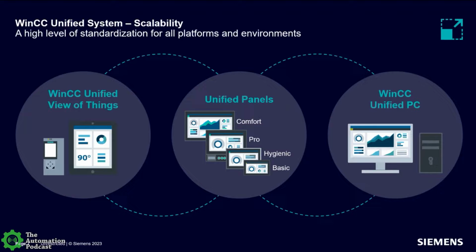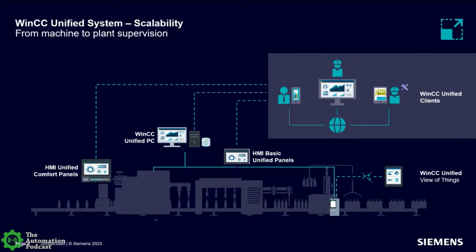We will continue to expand on our panel offering to overlap and take the weight off of our other products that we had in previous lines. But right now, that is what we have from a panel offering. And then the WinCC Unified PC Station, which is using a regular IPC with a Windows operating system on it and loading a runtime application to those. So we really do grow everything from small to large on your facility floors, all supporting a web client type of interaction.